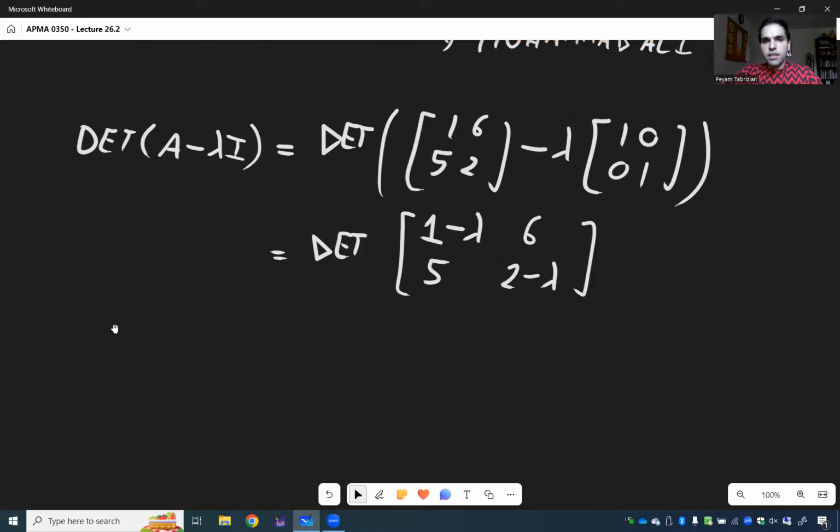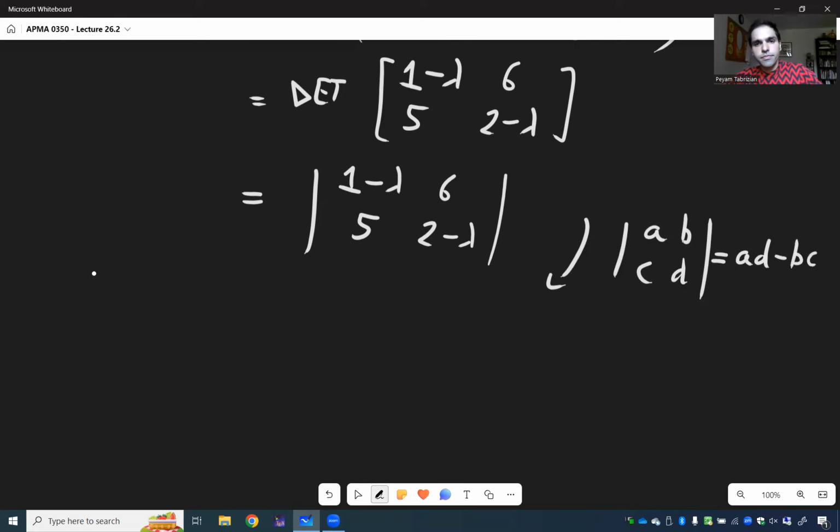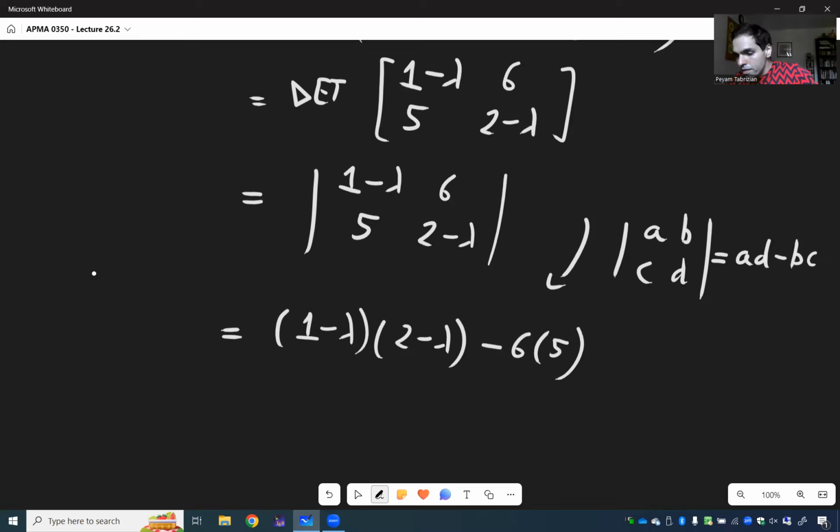And then that's just the determinant of [[1 minus lambda, 6], [5, 2 minus lambda]]. And I'd like to remind you, the determinant of [[a, b], [c, d]], we did this with the Var of Par, is ad minus bc. So this becomes (1 minus lambda)(2 minus lambda) minus 6 times 5. And then you expand this out.